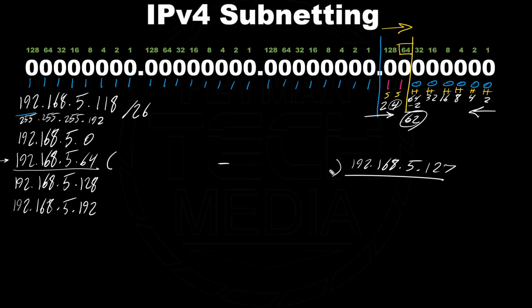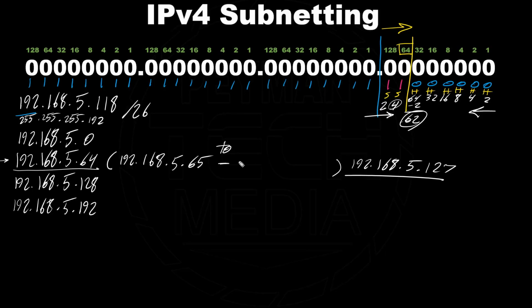And then here we have all these IP addresses in between. These are the usable IP addresses, all the available IP addresses that we can assign to the network devices on the network. So here the first usable IP address is just one IP address after this one. Therefore, it would be 192.168.5.65, because .64, that's the network address. .65 is the first available IP address.